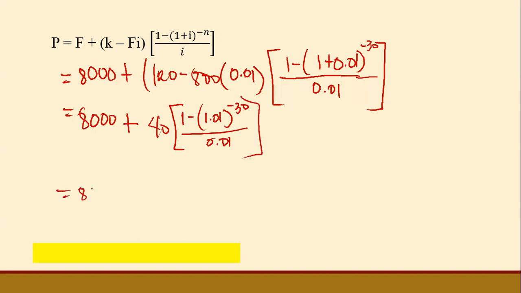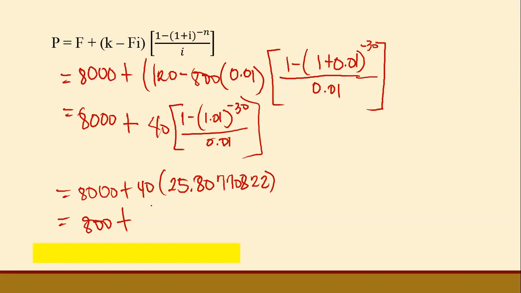Next is 8,000 plus 40. So unahin muna natin yung mga nasa loob. So kaya this is equal to 25.80770822. So this is equal now to 8,000 plus the product, which is equal to 1,032.308329.